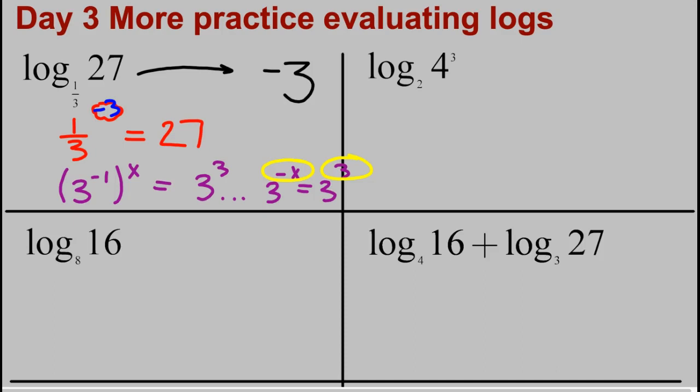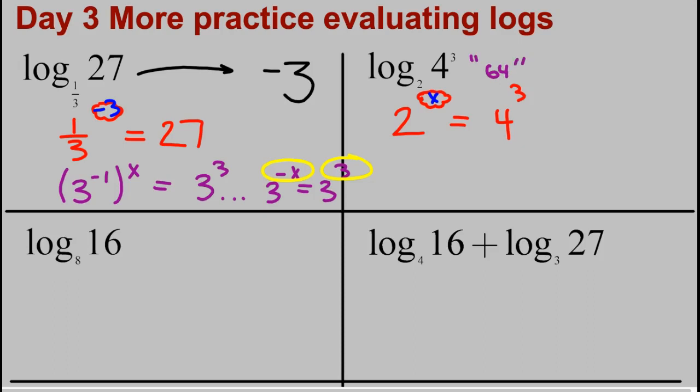Next one's a little different. Same process though. I'm going to rewrite it in exponent form. So I have 2 to the unknown power, x, we'll call it, is equal to 4 to the third. Now I know you can make that 64 and solve it that way as well, right?